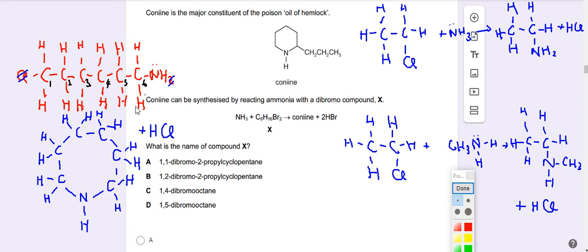So this will be a cyclic compound that is formed when you have two functional groups in a long molecule that can react with each other.